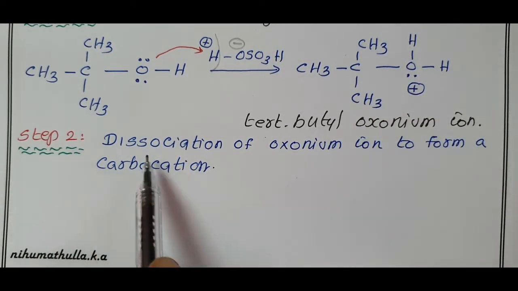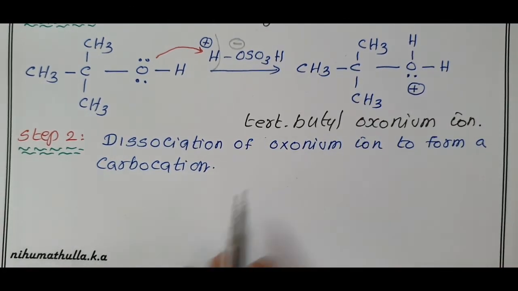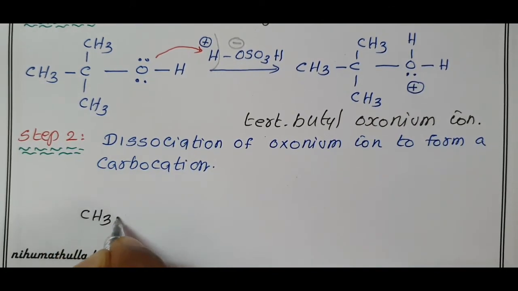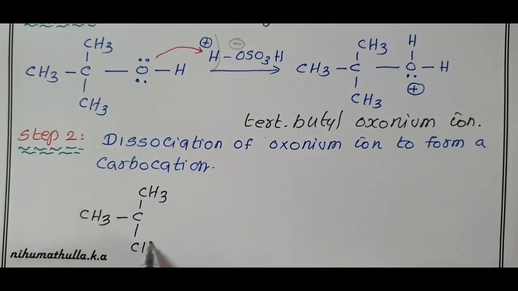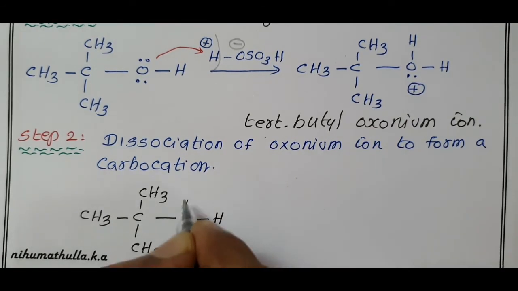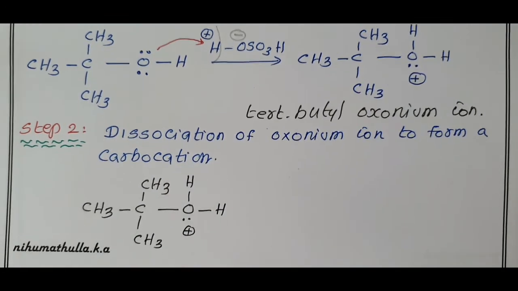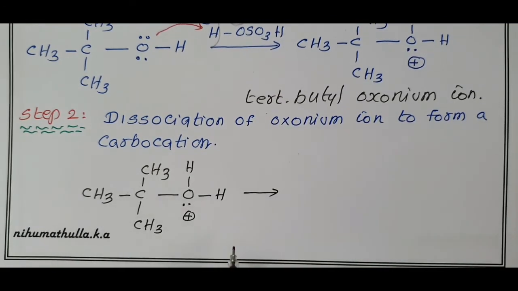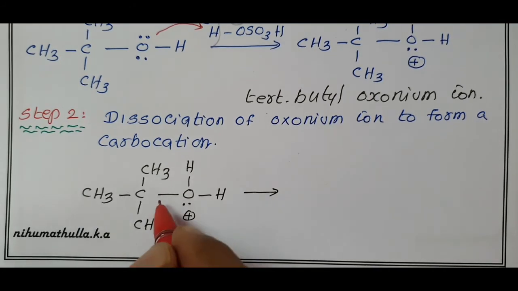Step 2 involves dissociation of the oxonium ion to form a carbocation. Now I write the molecular formula. CH3, C, here you have one methyl group, here also one methyl group, CH3, oxygen, bond, hydrogen, here one hydrogen, one pair of electrons, plus. This undergoes dissociation. That means whenever oxygen donates a pair of electrons, it removes a pair of electrons from the nearby bond.